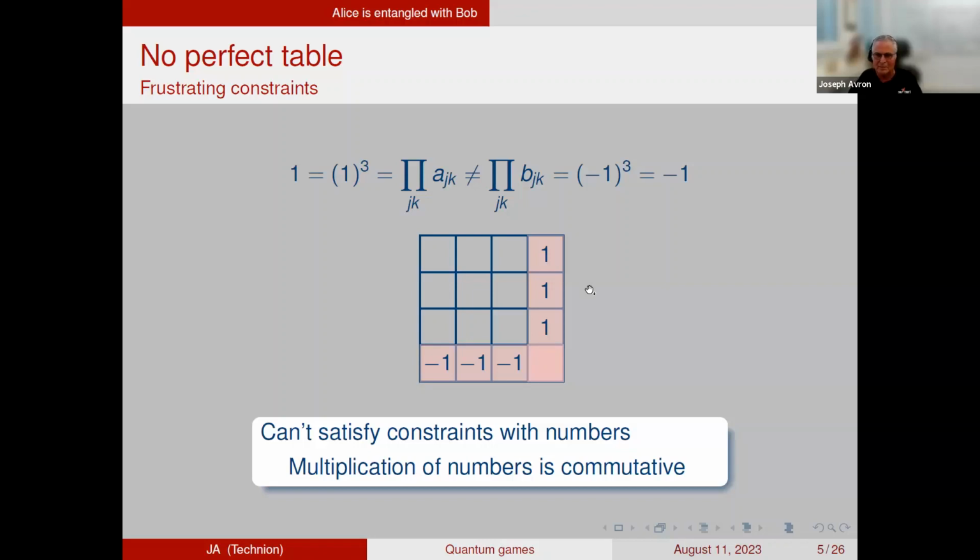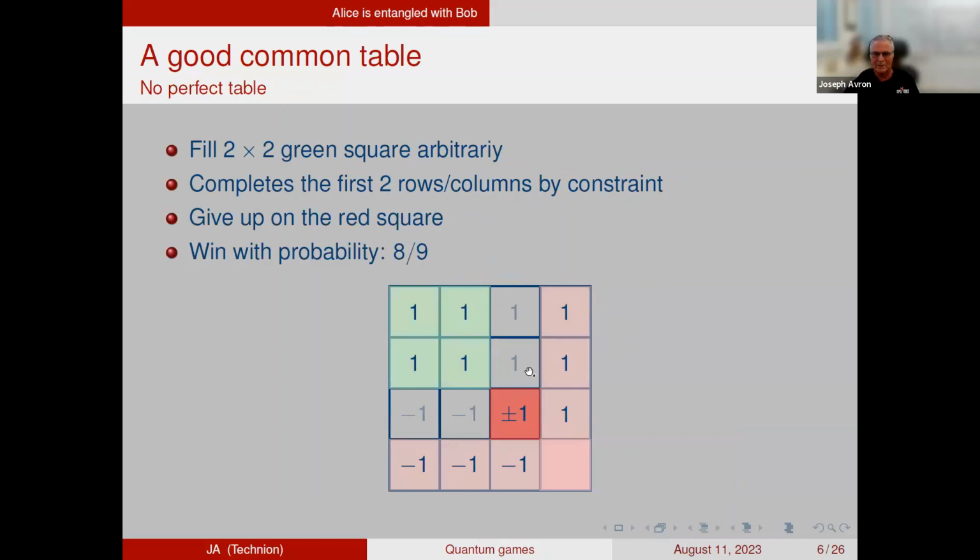So here is an example of what could be a high probability. Here is a table that would allow Alice and Bob to win 8 out of 9 times. So let me show you how to construct such a table. Take the top 2x2 square, which I'm now showing, and fill it any way you want.